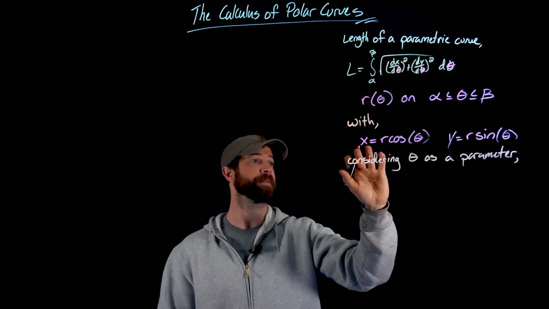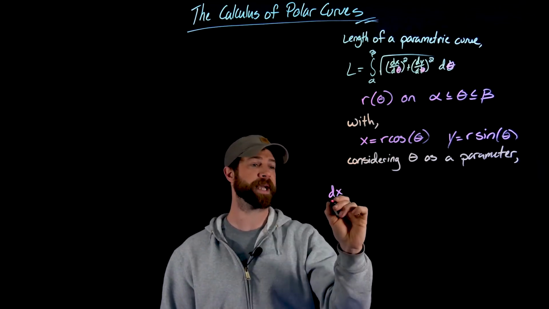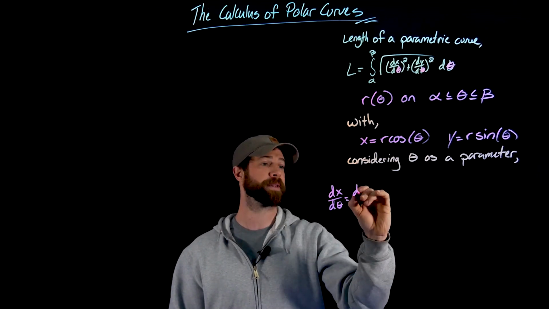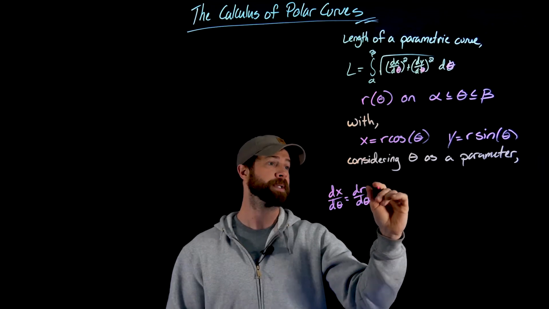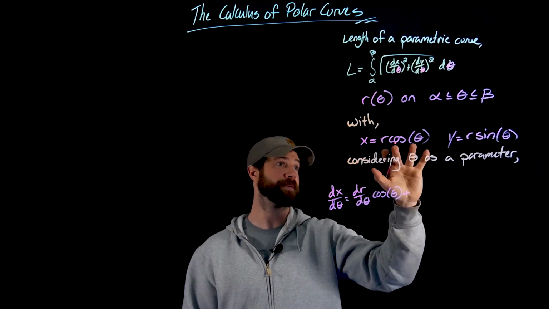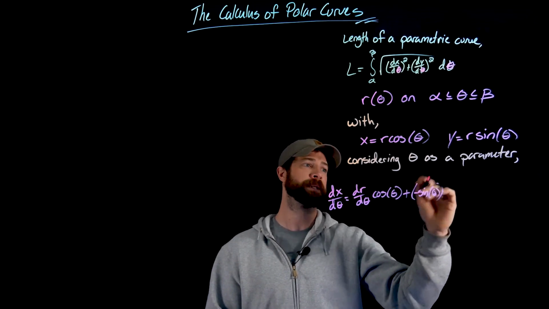If I differentiate both sides with respect to theta, for this side I get dx d theta. And over here, I get dr d theta times the cosine of theta, plus the derivative of cosine, which is negative sine of theta, times r.